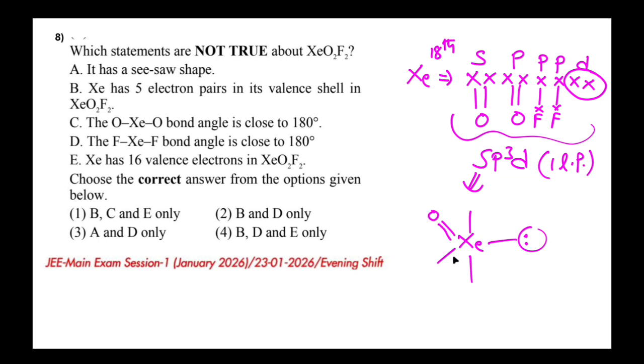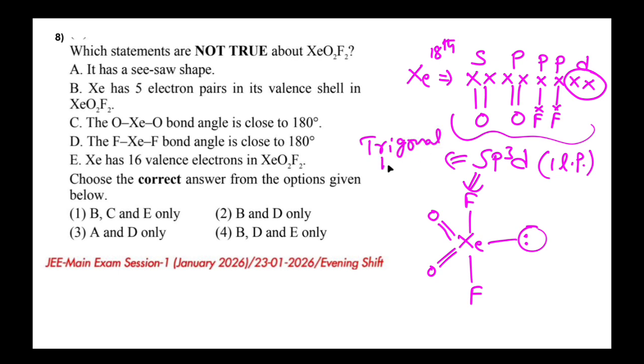So the oxygen atoms are present here and the fluorine atoms here. Fluorine atoms are always present at the axial position. That is, the more electronegative element is present at the axial position, the less electronegative element at the equatorial position, and lone pairs are also present at the equatorial position.